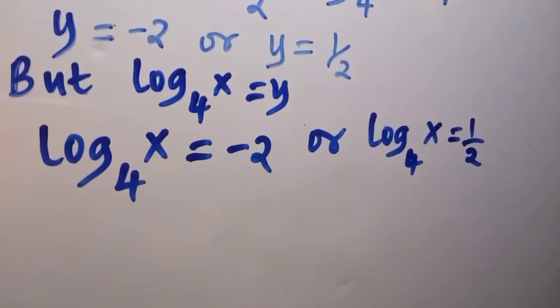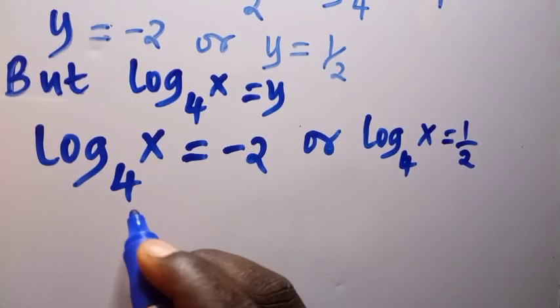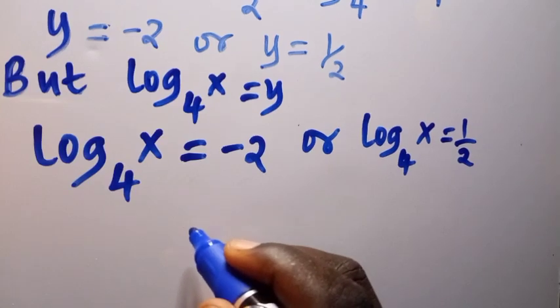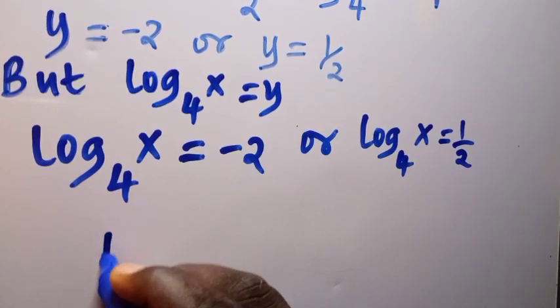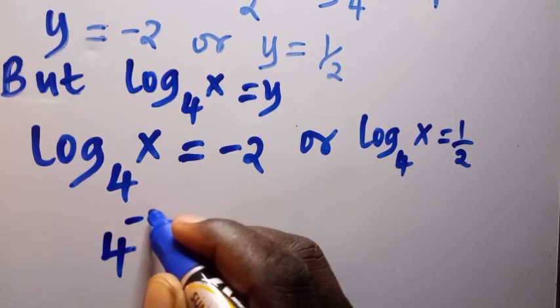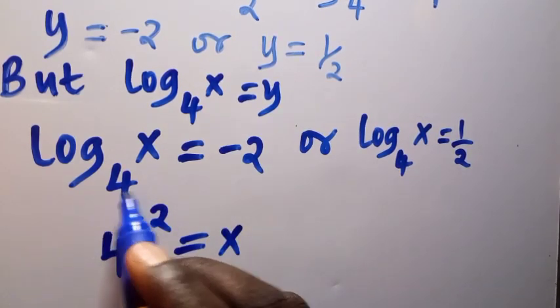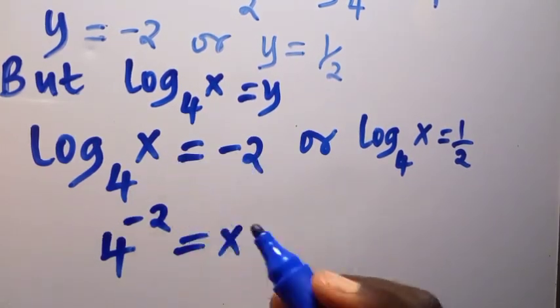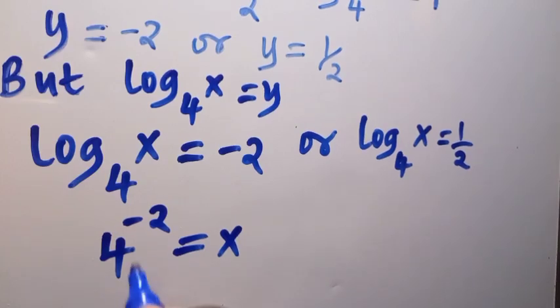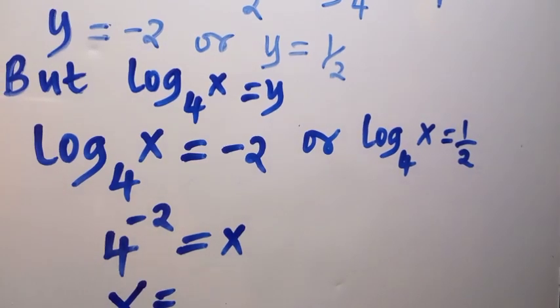If we write this in index notation, then we shall have 4 raised to negative 2 is x.